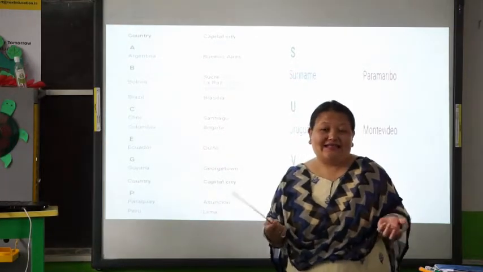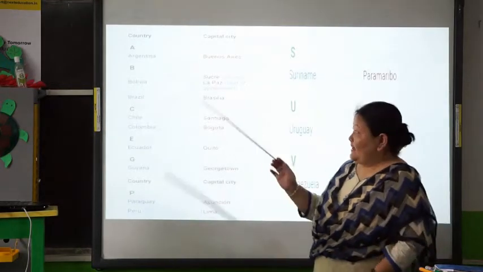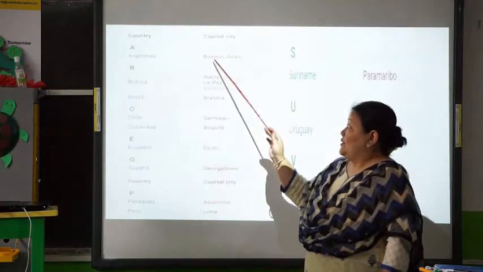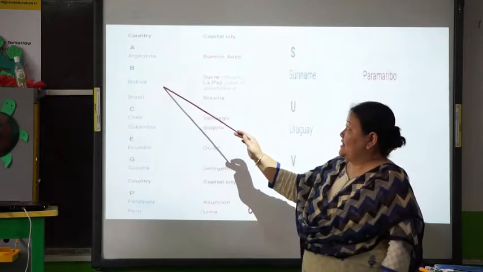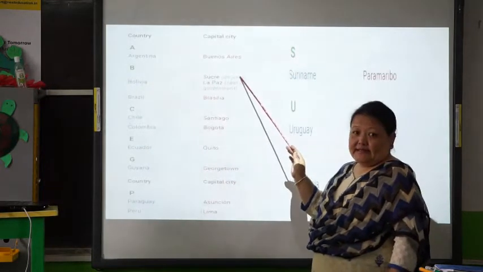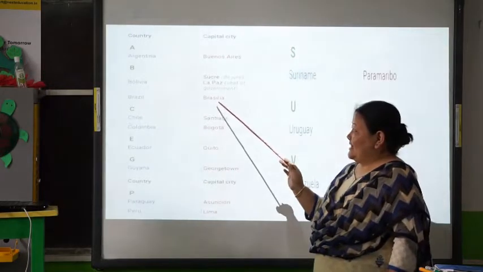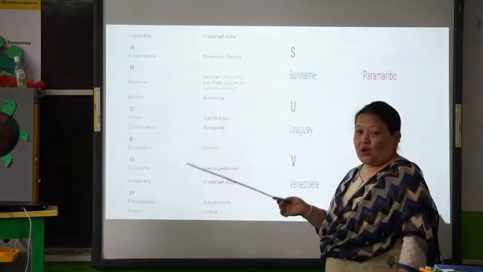So let's have a look at just the names of the countries in South America. Argentina, okay, the capital is Buenos Aires. Then you have Bolivia, La Paz. Then you have Brazil, capital is Brasilia. Chile, you have Santiago.